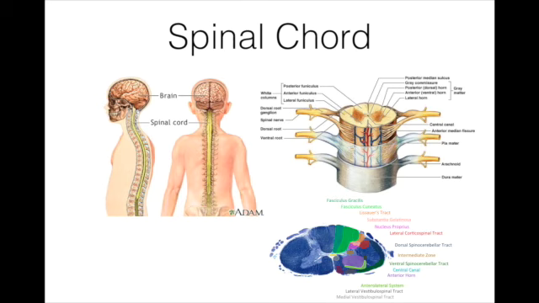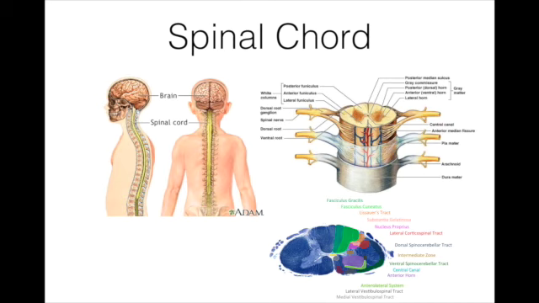So if you look at the image on the bottom right of your screen, this is the spinal cord cross-section, as you already know, and the tracts that we will be looking at today are the dorsal column system, which include the fasciculus gracilis and fasciculus cuneatus, and the dorsal and ventral spinocerebellar tracts, and the anterior lateral system.